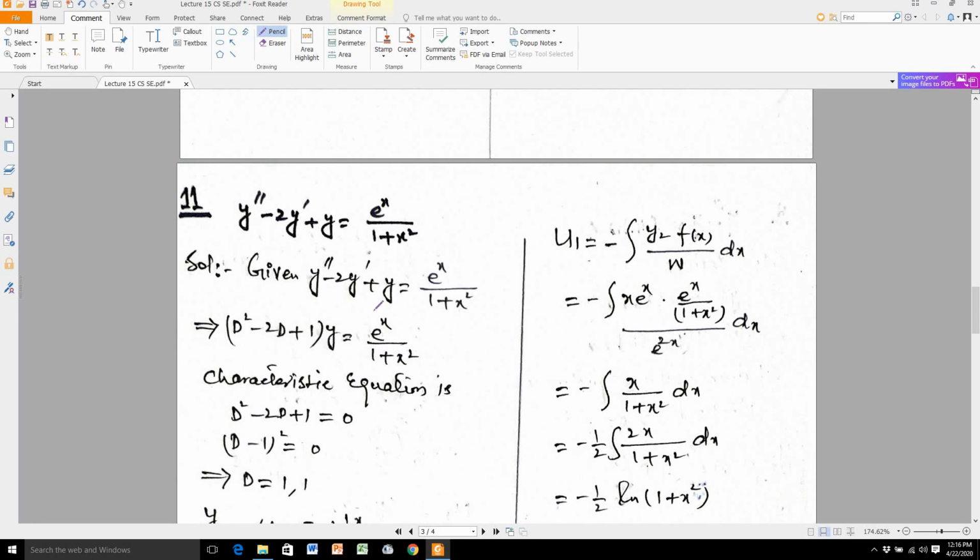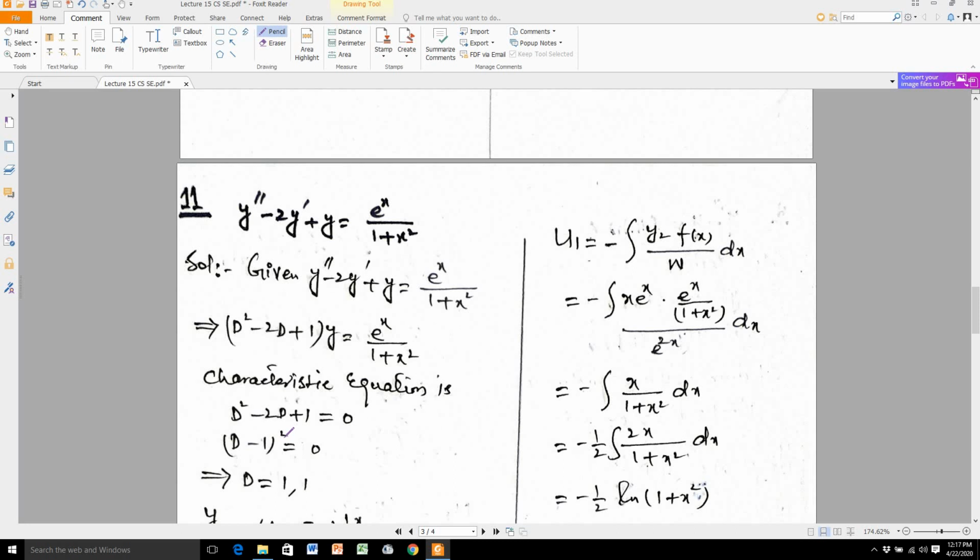You see here is one exponential function and the other is an algebraic function in division form, but in undetermined coefficients there is no algebraic function in division form. So here we write its characteristic equation: d square minus 2d plus 1 is equal to 0.